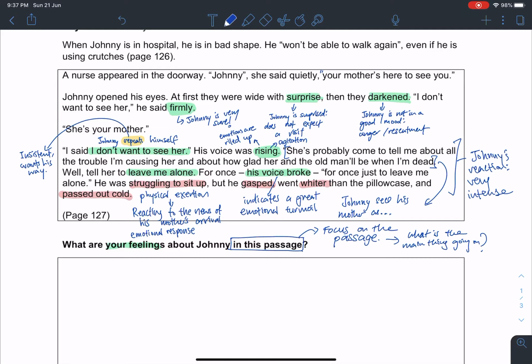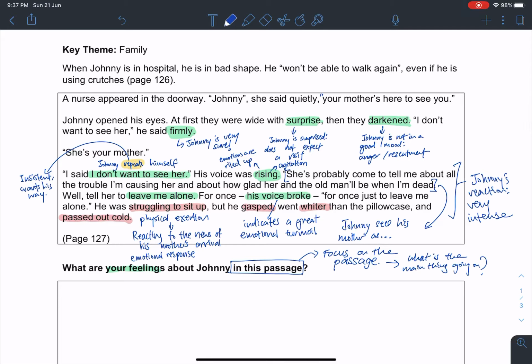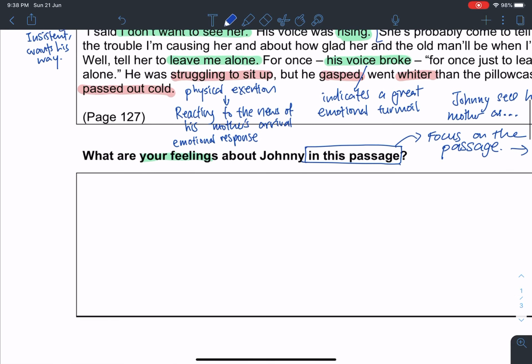All right. And so if you think about this, remember I said I was going to talk a little bit about family. Who then is Johnny's family? Okay, I think this is one of the questions being asked in this incident. Okay, so for today's piece of work, I would like you to work on this.